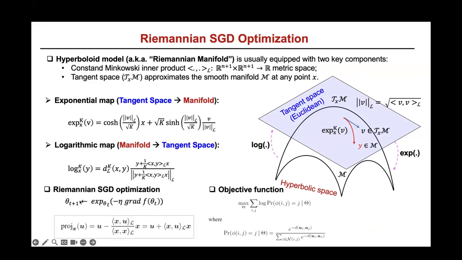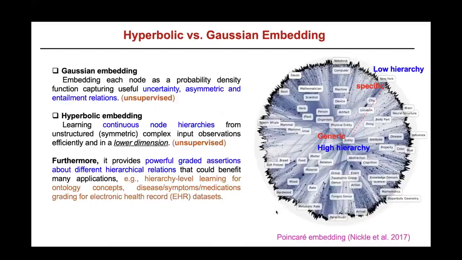This is how to compute the gradient of the parameter, where eta is the learning rate. Here is the Riemannian SGD optimization, showing how to update these parameters, and this is the objective function in the Riemannian manifold space.